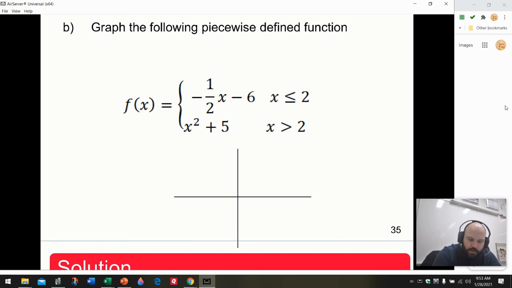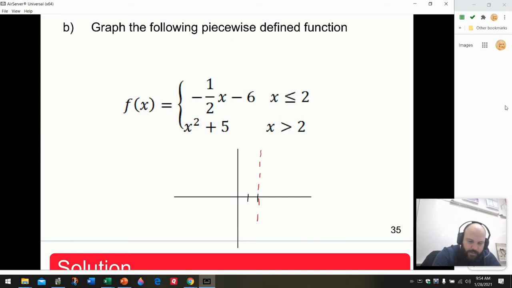So the first thing we're going to do is cue in on where the split is. And you can see the split is happening at 2. So I am going to go to 2, and I'm going to put a vertical line right down through the number 2. And we know that that's where the split in our graph is occurring.